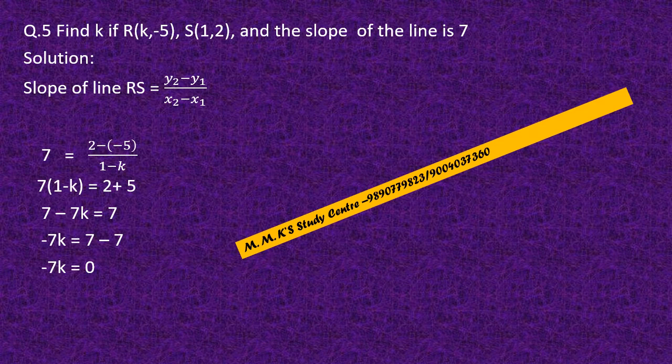So next step, k is equal to 0 by minus 7, which gives the answer 0. 0 doesn't possess any sign, so you will get only 0, no minus, no plus. So value of k is 0.